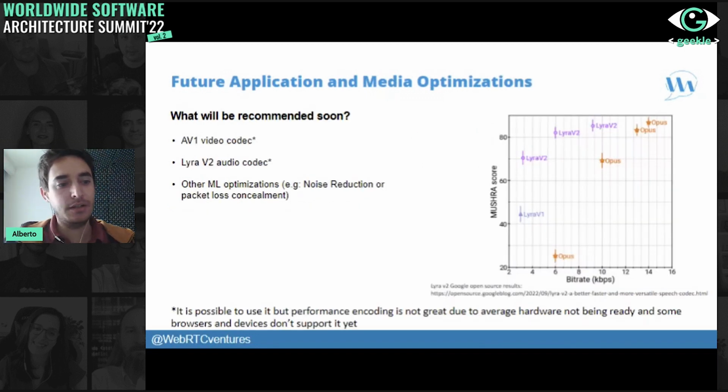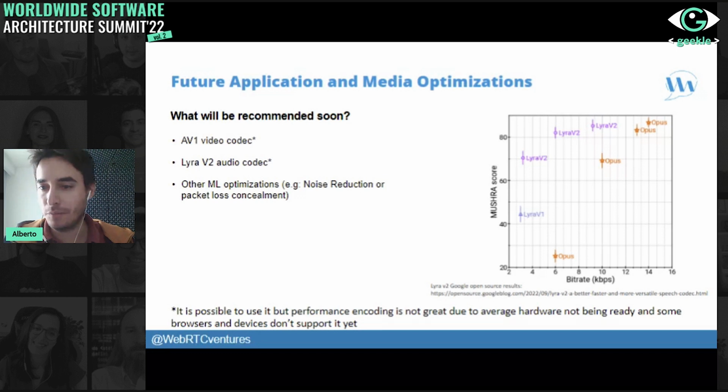And yeah, there are some future application optimizations that can be done that are more in progress. There is the AV1 video codec that is today being used very commonly in YouTube for consuming video, or in Netflix, but it's not as popular today for publishing video, just because many of the devices today don't come with hardware acceleration for AV1.